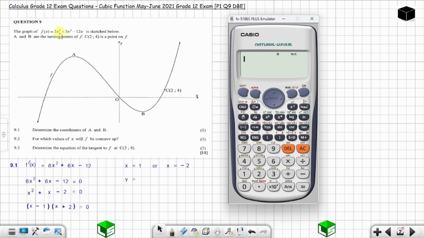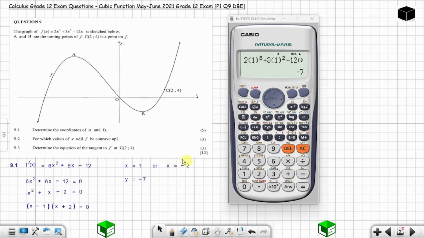You have 2 times x cubed, x is 1 cubed, and then plus 3x squared, x is 1 squared, and then minus 12x, x is 1. This is equal to negative 7. So when x is equal to 1, y is equal to negative 7.